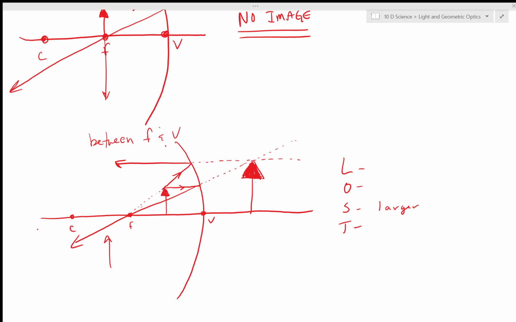Well, its orientation is clearly upright. I'll give you guys a second to figure out its location, and you can do that using your ruler. So you want to measure from the vertex to the object and the vertex to the image. I'll give you guys a second to do that.